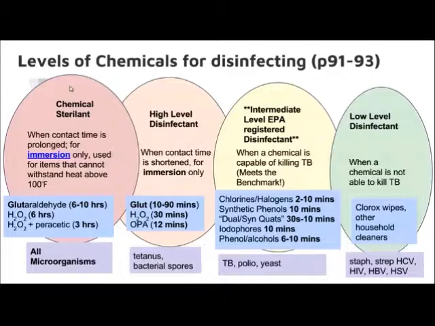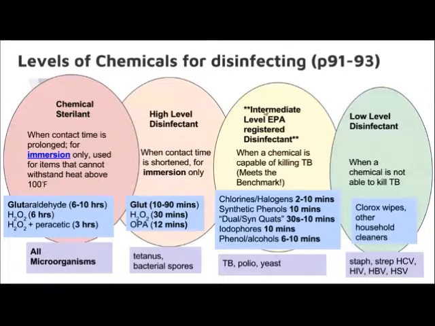So the chemical sterilant is for soaking instruments that cannot stand heat. The high-level disinfectant is the same as the chemical sterilant, but used at a shorter time. So this might be 6 hours. This one's only 10 minutes. All right? So what's the difference between the two? A couple of spores. All right?